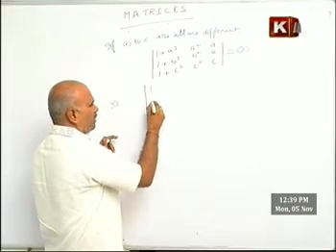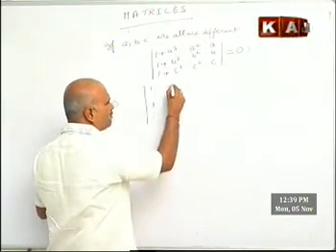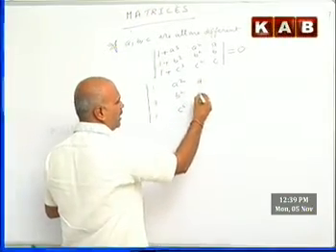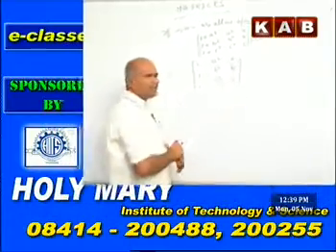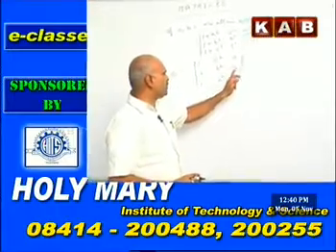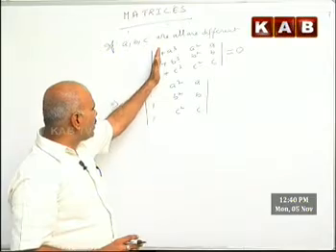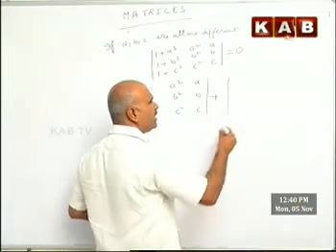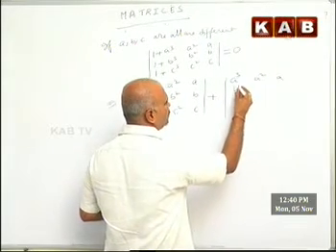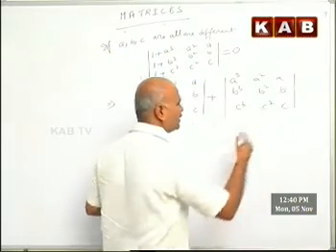In the first determinant, the first column is 1, 1, 1, and the remaining columns are as they are: A square, B square, C square, and A, B, C. Once again repeating: 1 A square A, 1 B square B, 1 C square C. Here I have taken the first parts 1, 1, 1 as they are, plus the rest of the parts in the second determinant: A cube A square A, B cube B square B, C cube C square C. Now you understand.